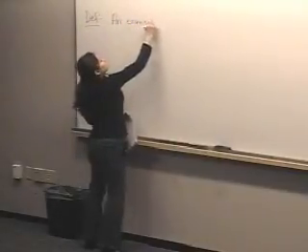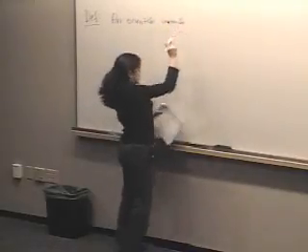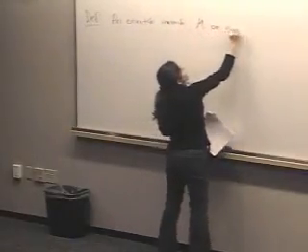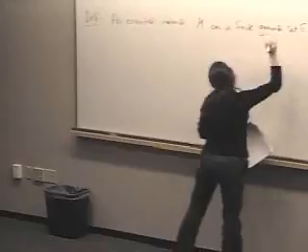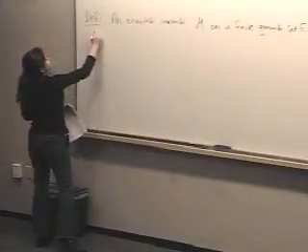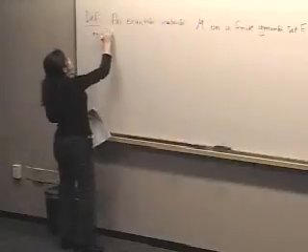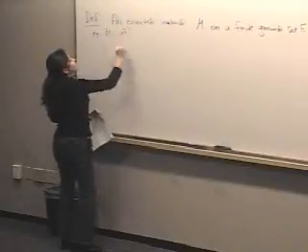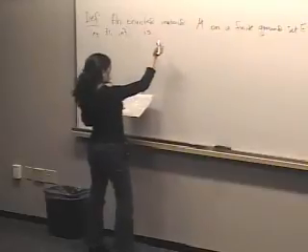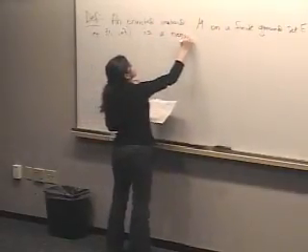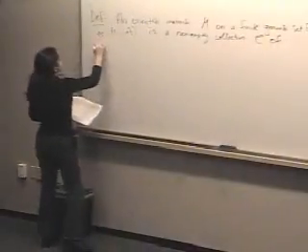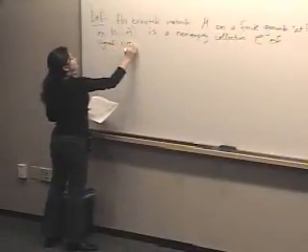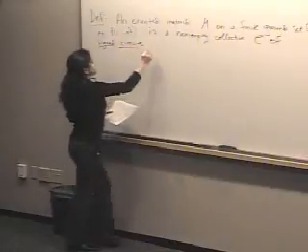An oriented matroid M on a finite ground set capital E, and usually for me this will be, say, the set of points 1 through n, is, first of all, a non-empty collection C of what we call signed circuits.